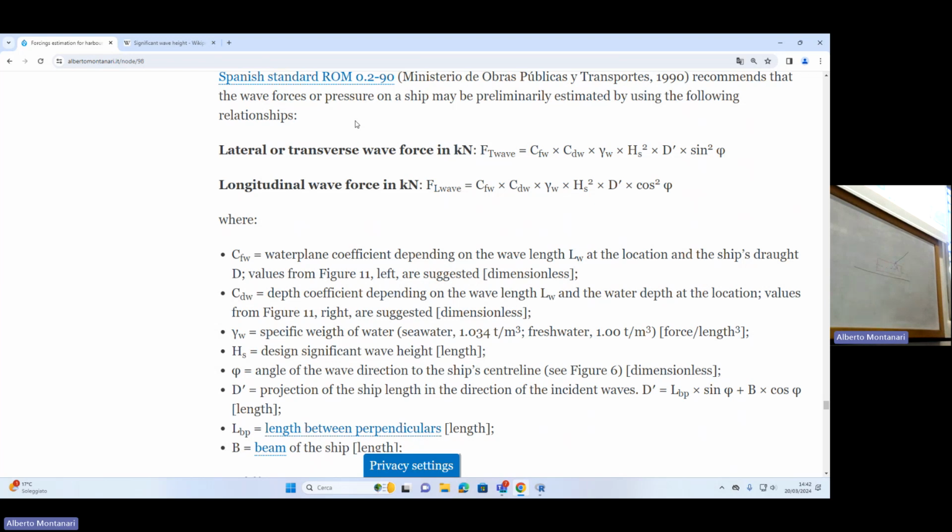So what you can see in these two formulas is a decomposition of this forcing along two directions, one here and one here. This is transversal. This is longitudinal.